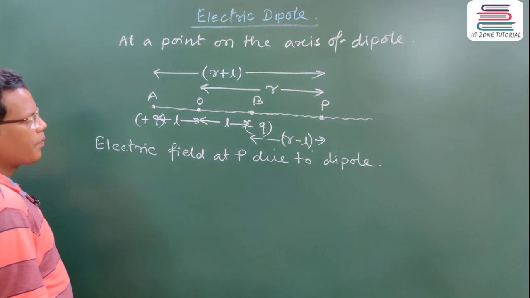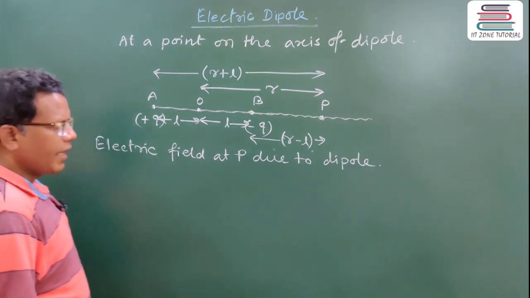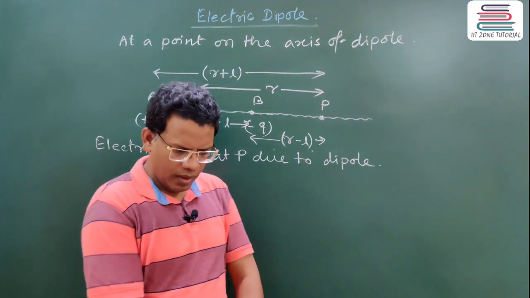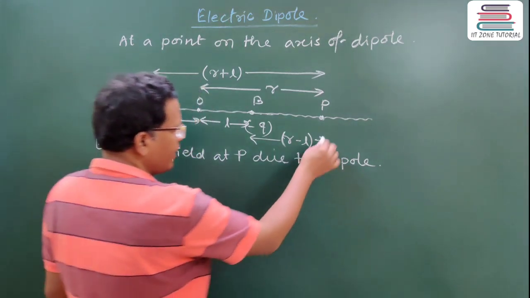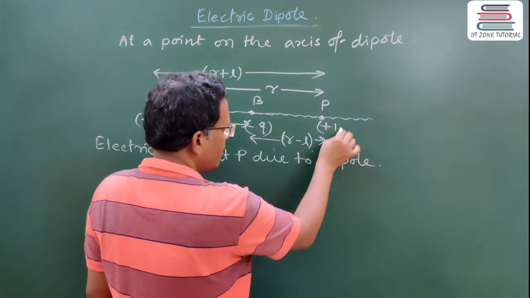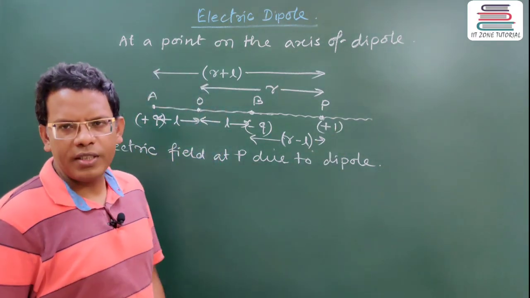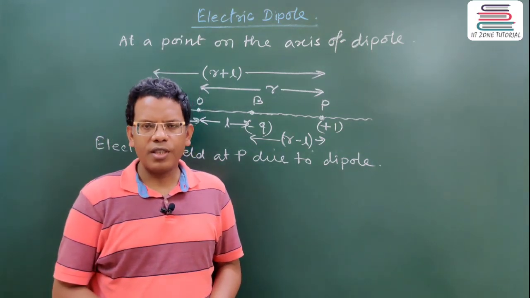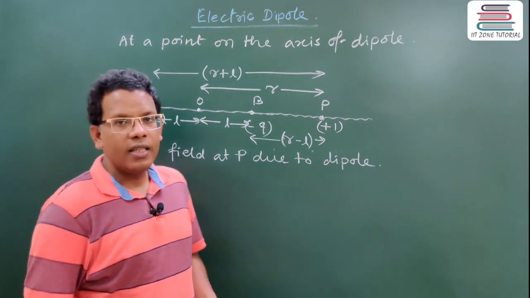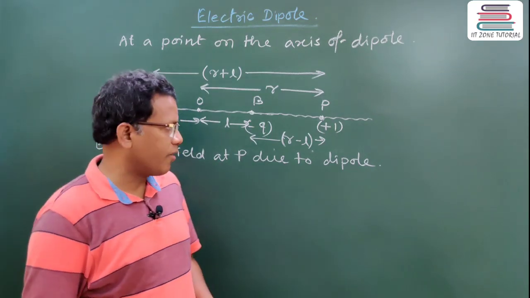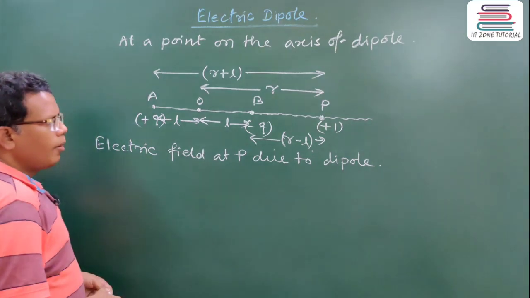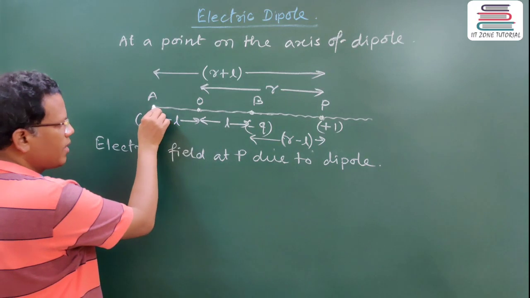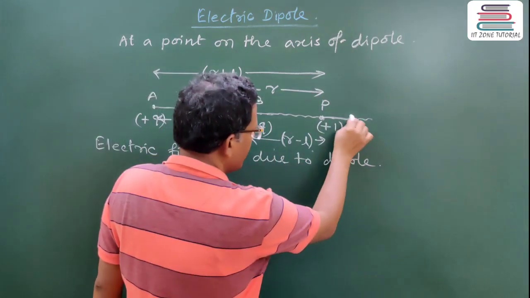So now again it is the same process as we have done for the point charge system, that electric field is nothing but the mathematical calculation of the electrostatic force on a plus 1 test charge. That means this plus charge can repel this plus charge.